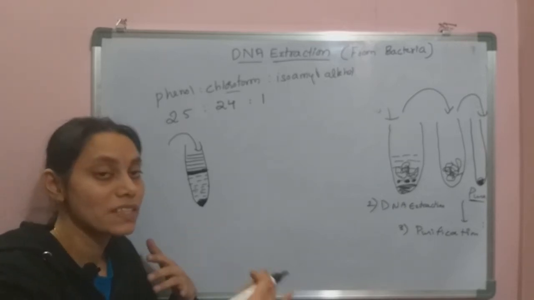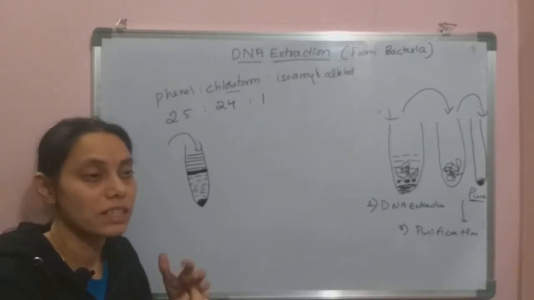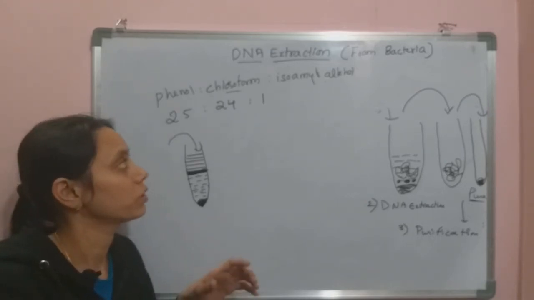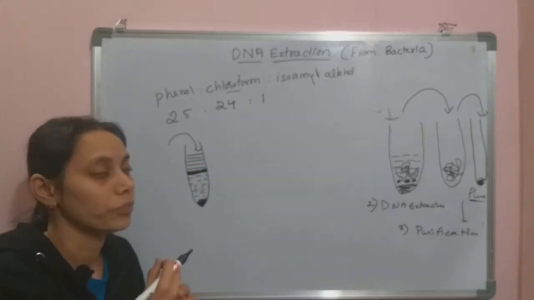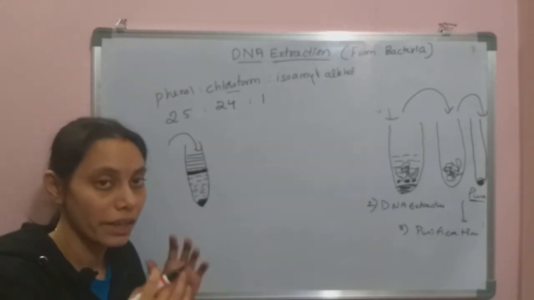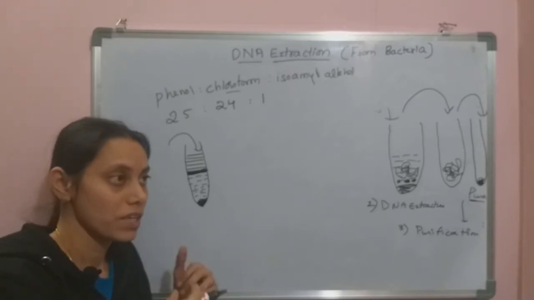So this phase separation, organic phase and aqueous phase, is possible because we are going to use this chloroform. Because of its high density, it helps us to separate the phases.